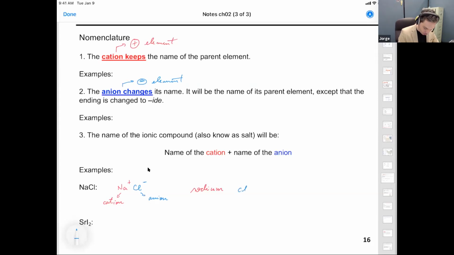So here we have chlorine. When chlorine is combined with sodium, that will receive the name of chloride. Okay, change the end to -ide. Therefore, the name of the compound is sodium chloride.